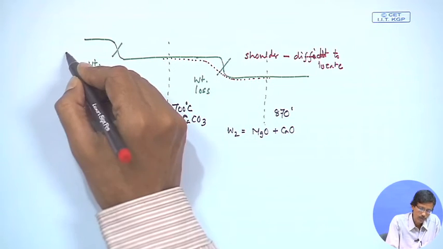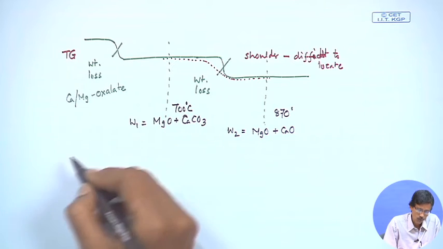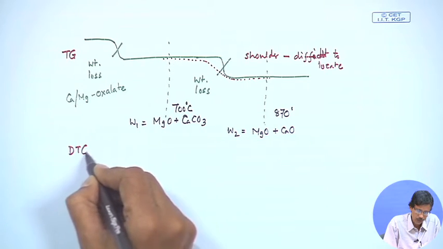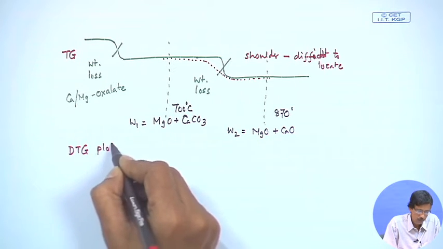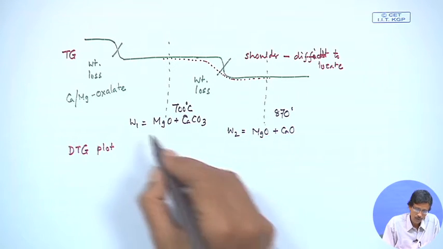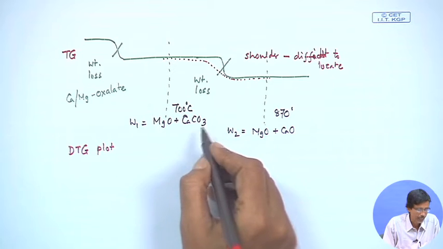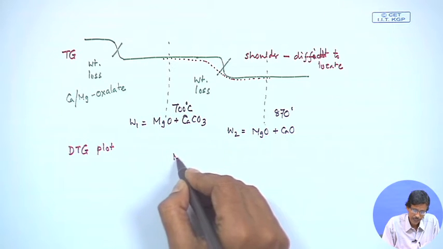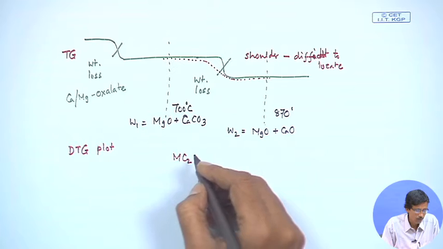So, that is why from TG we go to the DTG plot and we get all this information, and not only these two, magnesium and calcium, but sometimes we get a general compound of this type.